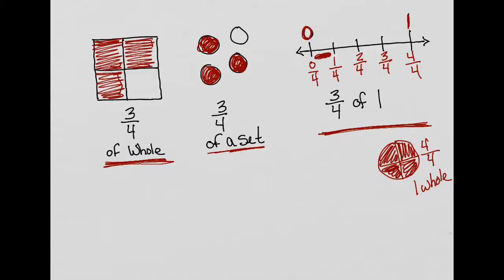Okay, so now we're going to compare fractions. So let's just say that you have 1/4 and you want to compare it to 3/4. Is 1/4 greater than, less than, or equal to 3/4?